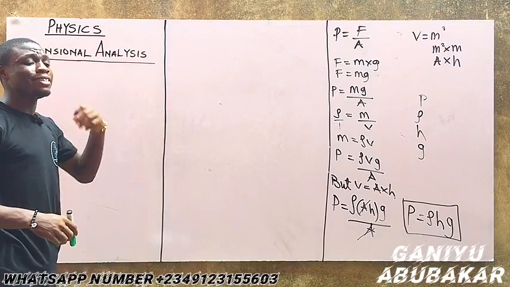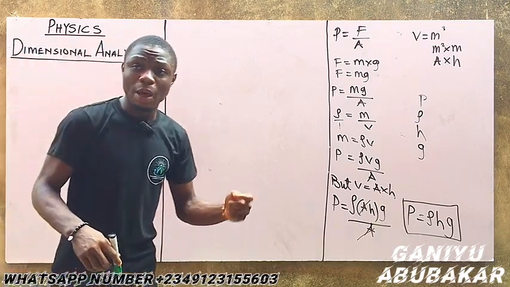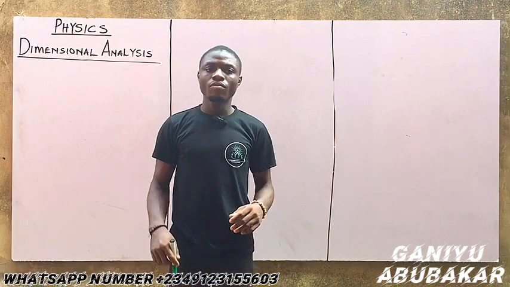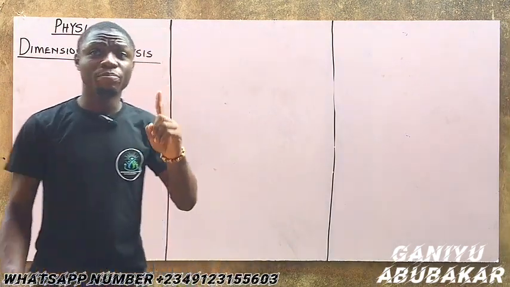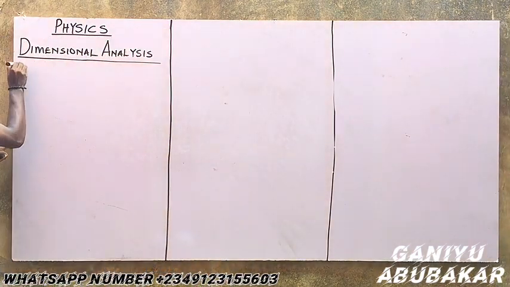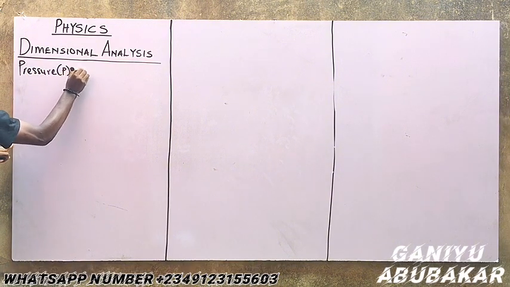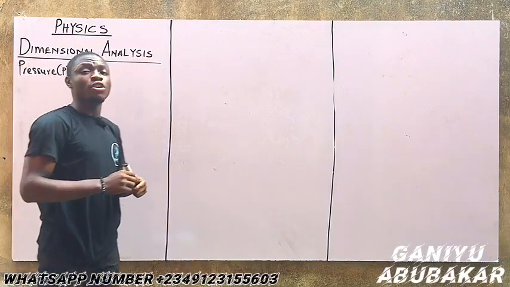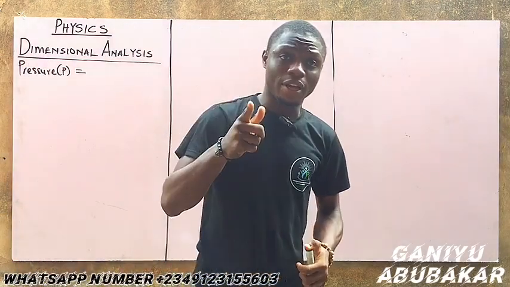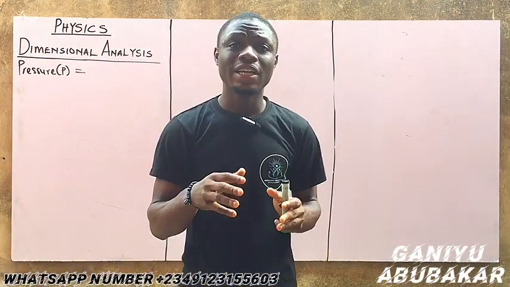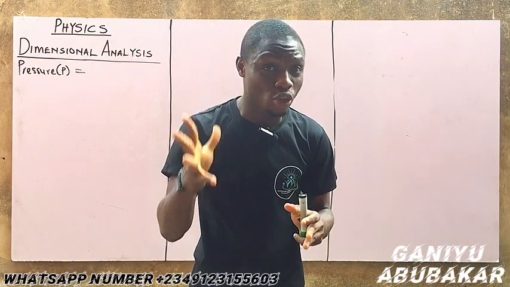In that question, I'm given the pressure of a fluid, so that's P is equal to... Now look up. Whenever I list out a parameter, I list out the parameter and its dimension.